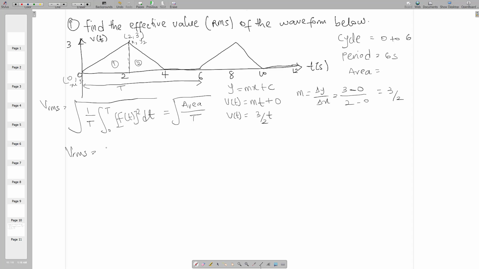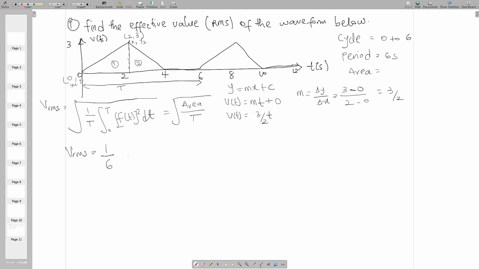So I'll take out the square root and do it. After that, I'll bring back the square root. So let's see, it will be 1 over T from the equation, and this T is the period of the cycle, and the cycle ranges from 0 to 6. Don't miss that. The cycle starts from 0 and ends at 6.